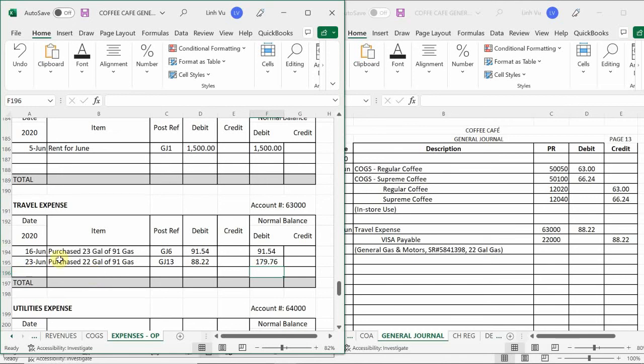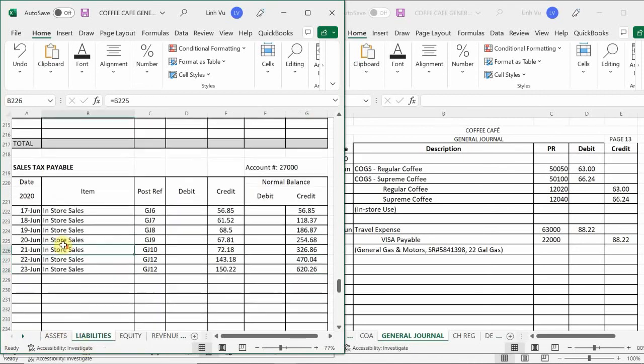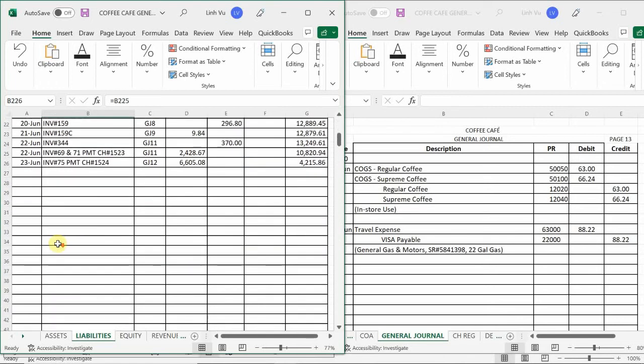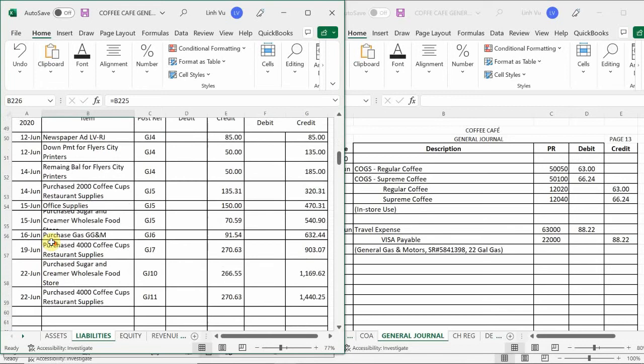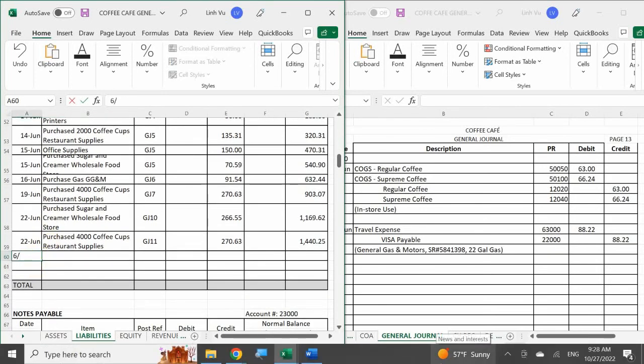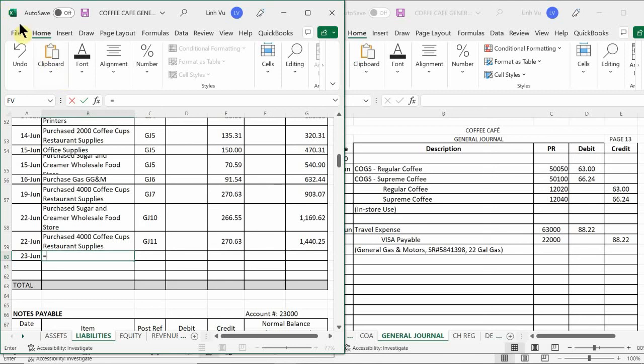And then, of course, we need to also update my credit card because I now owe more money on my credit card. That will give you 1,528.47.